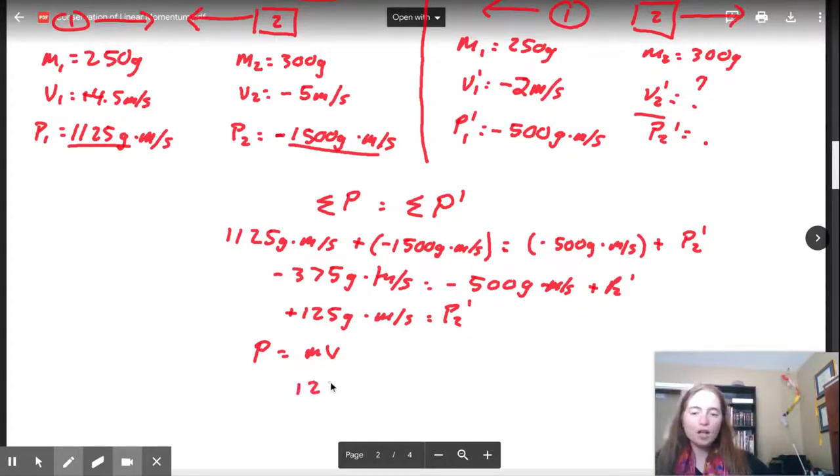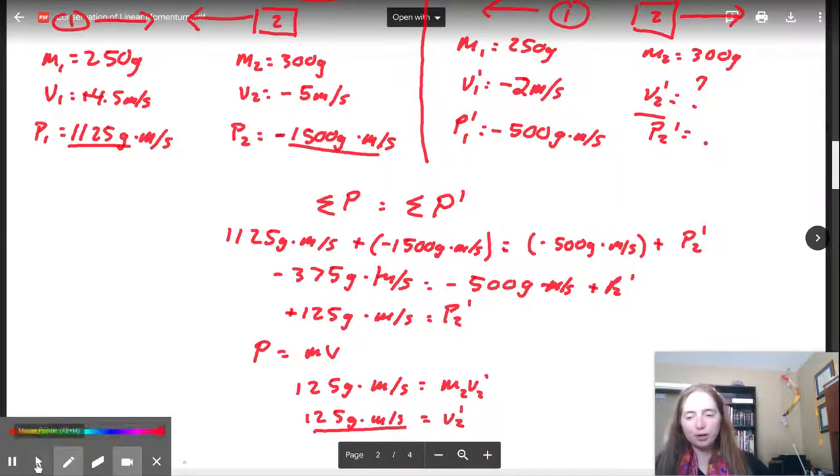So 125 gram meters per second is going to equal m2 V2 prime. I am going to divide out my m2, which is 300 grams. Okay, which gives me V2 prime. I'm going to divide out the mass, which is 300 grams.